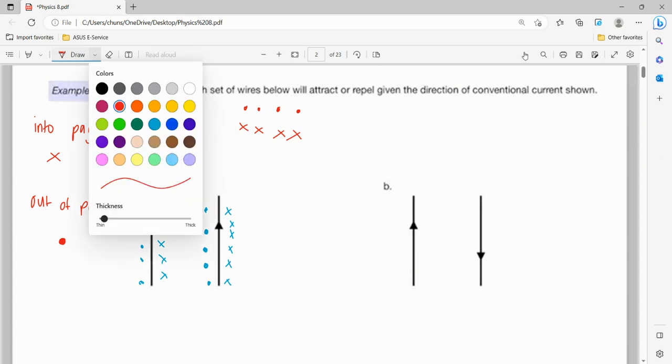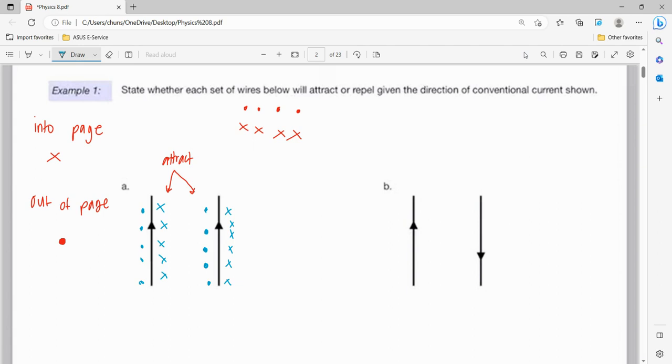Now, if we run this through with our other example, we know that this wire is going to look like this. Right, and now if we do the right-hand rule, we point our thumb downwards, so we're going to start with our hand like this. This is the back of our right hand.